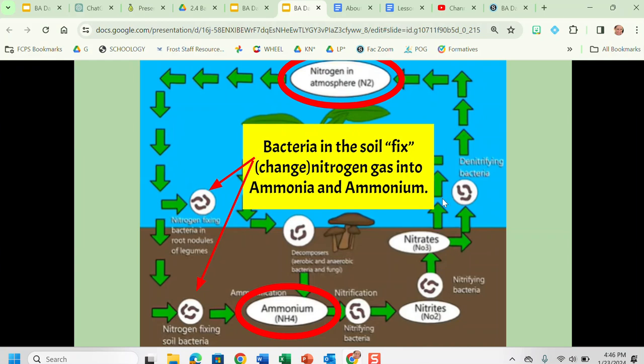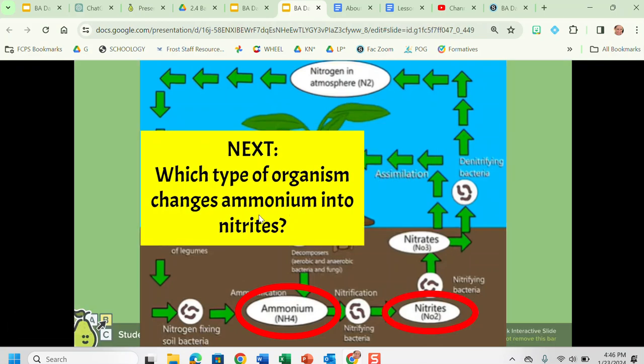Bacteria in the soil fix and change the nitrogen gas either into ammonia or ammonium. And so that's bacteria again. And then when we change ammonium into a nitrite, notice the ammonium is NH4, and we are becoming NO2.